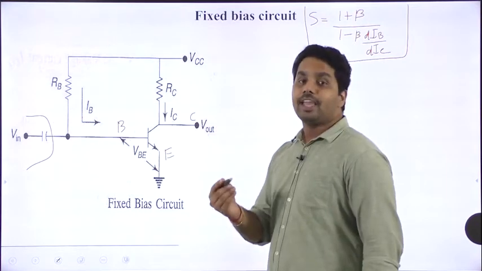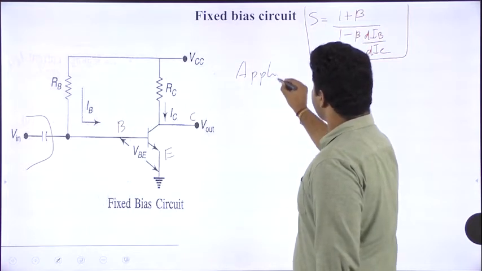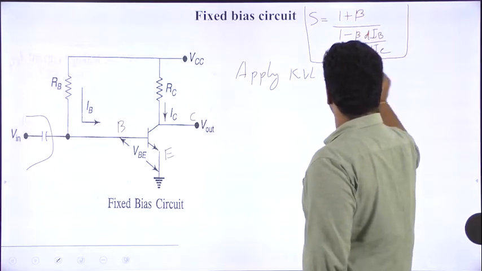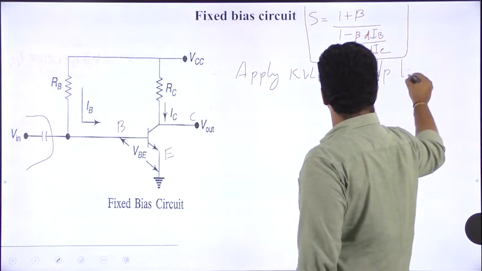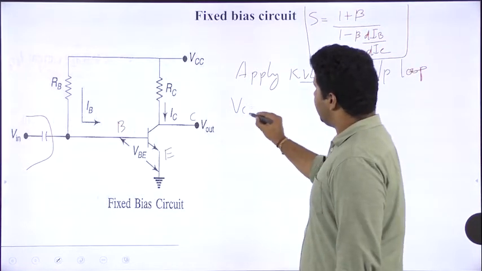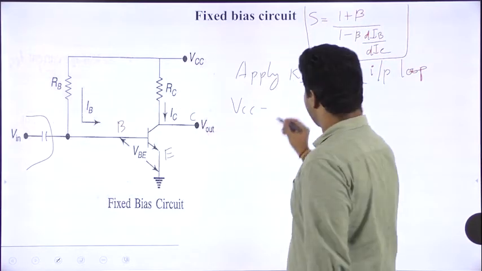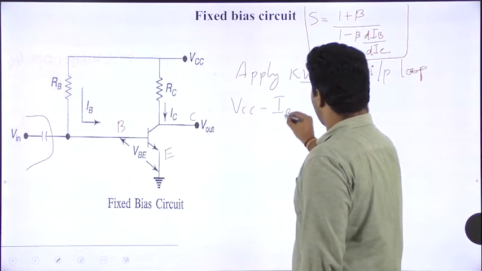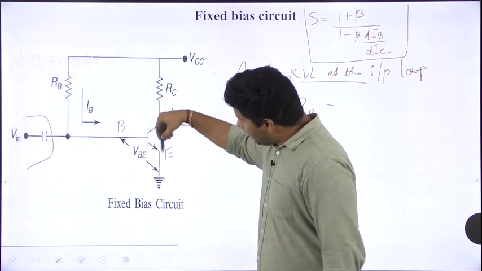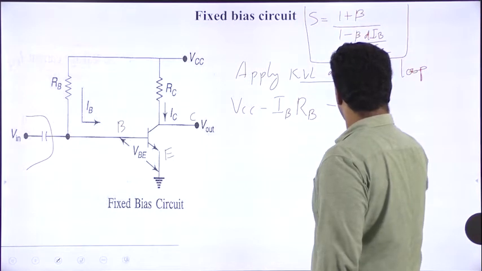So VCC minus IB RB, since the IB current is flowing through this RB resistance and there will be a drop. Then across base and emitter you have VBE.